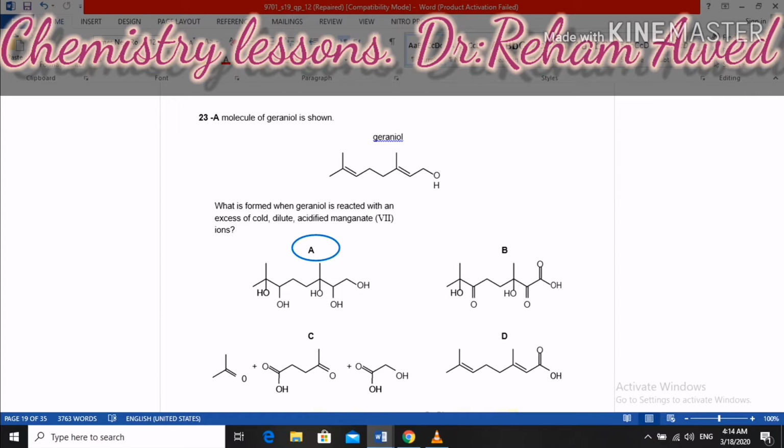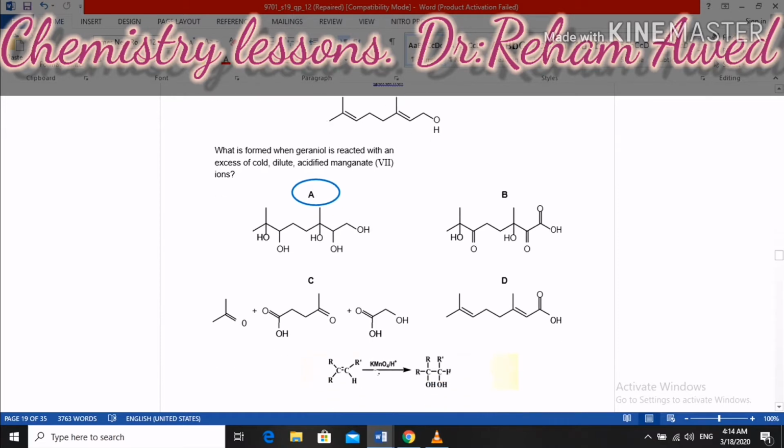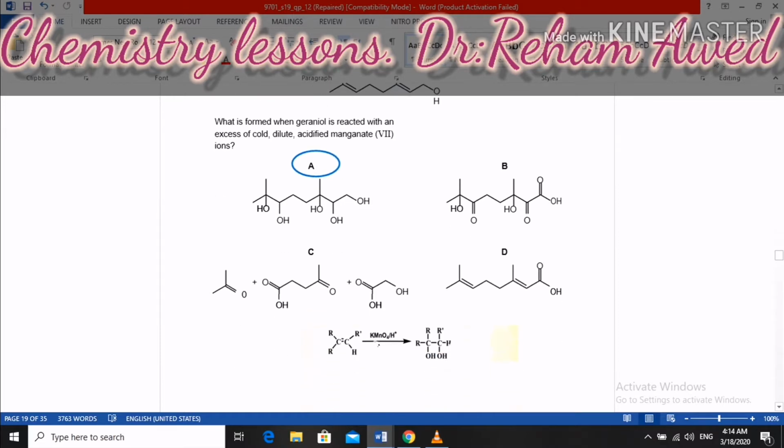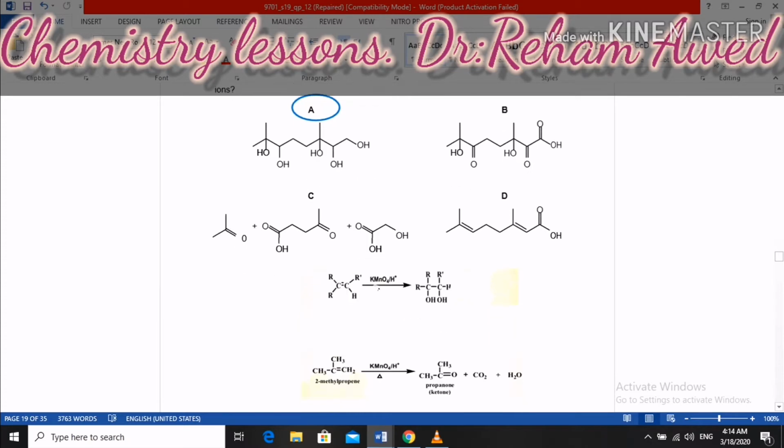The first one is by using cold dilute potassium permanganate, and in this case we will break the double bond and add two hydroxyl groups, two alcoholic OH groups.